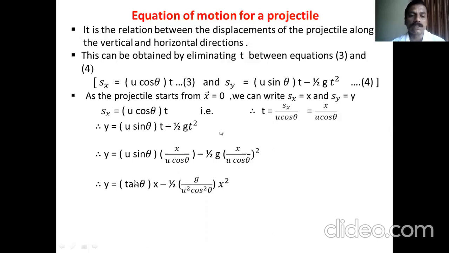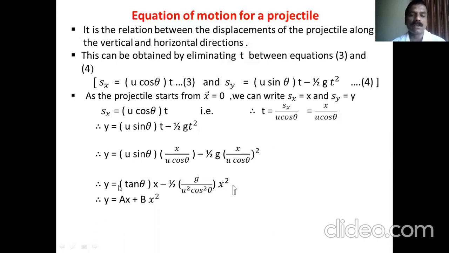Now if you solve this, you will find u gets cancelled, sin upon cos is tan theta into x, minus half as it is, and this is the whole bracket square. So x square from the numerator is taken outside, so you will find g is here, and in the denominator again it is a square, u square cos square theta.